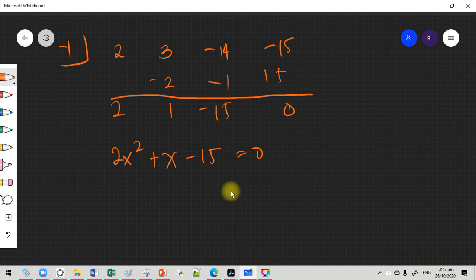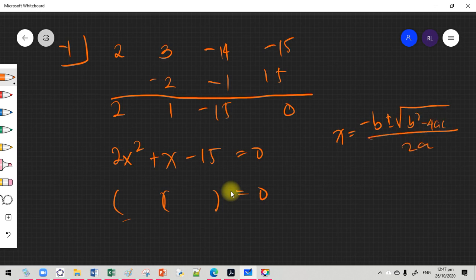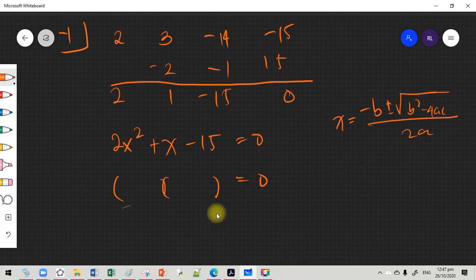From that, we can now solve this using factorization. If you cannot solve it using factorization, you can use the quadratic formula: negative b plus minus the square root of b squared minus 4ac, all over 2a. This one gives us 2x plus 5 times x minus 3, because 2 times 3 is 6, and I want to have 5 here, because negative 5 and 3 is negative 15.